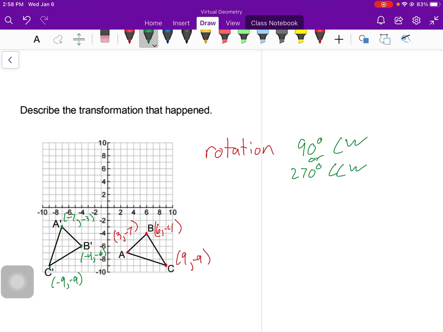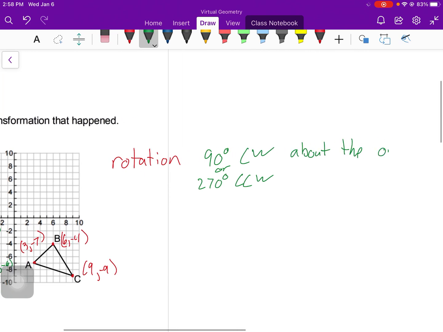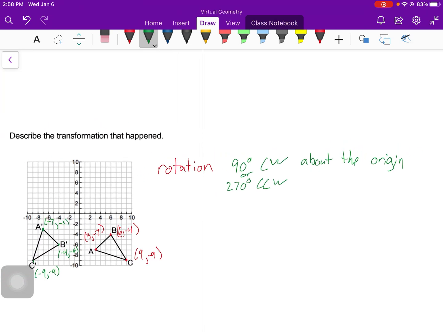If you tried to do that, you'd have right hand up and then right hand over, so your right hand is on the left. I physically can't turn anymore, but you have to go another 90-degree rotation, and that would be kind of obnoxious. So it's a 90-degree rotation clockwise, and then I need to say about a point. So I'm going to say about the origin, because we're basically doing everything about the origin.